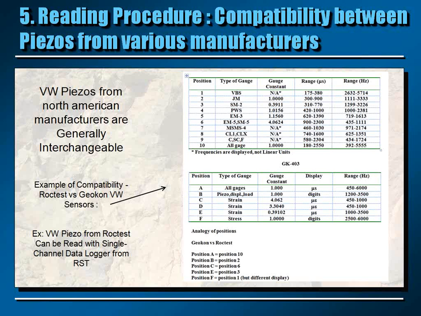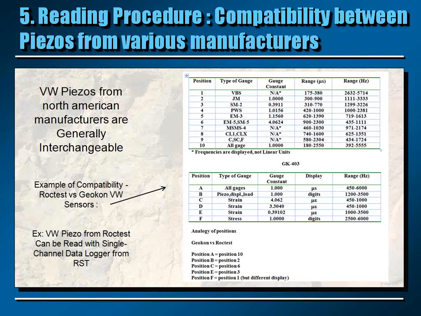This is normally true if we are talking about plug and read type sensors, and also if you make the following adjustments, because you have to take into consideration that each sensor has its own gauge constant. The gauge constant from the Roctest piezometer is 1.0156, but the one from Geocomp is 1. So there are some adjustments that must be made there.